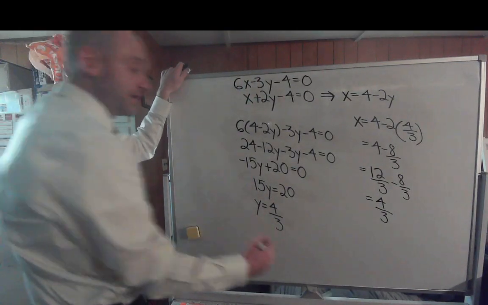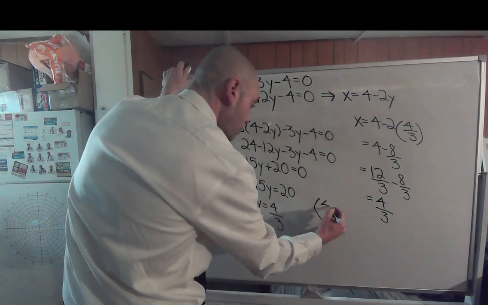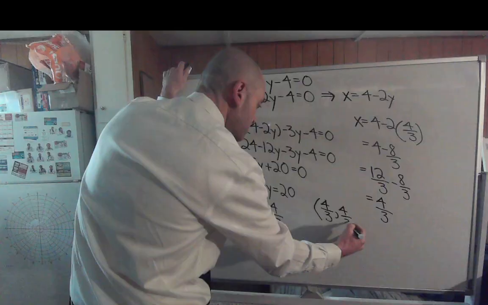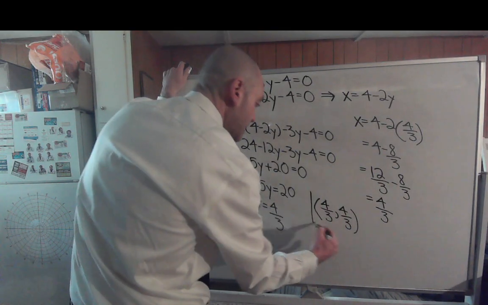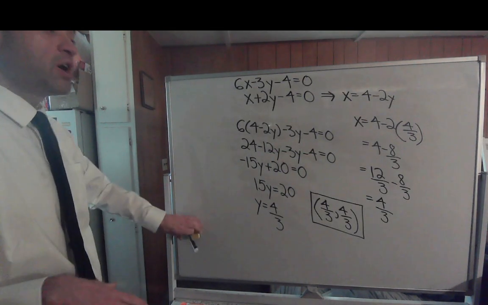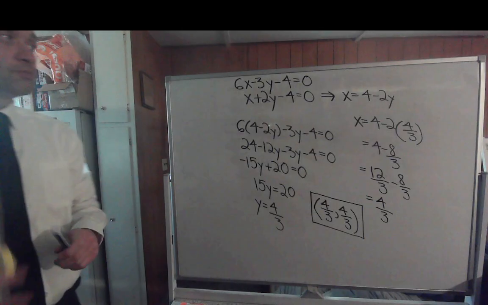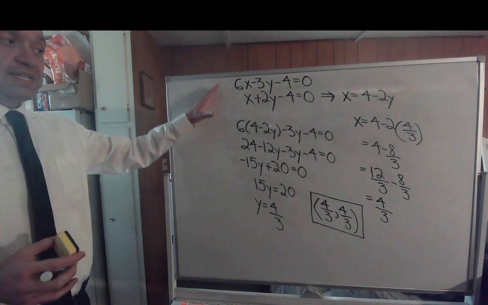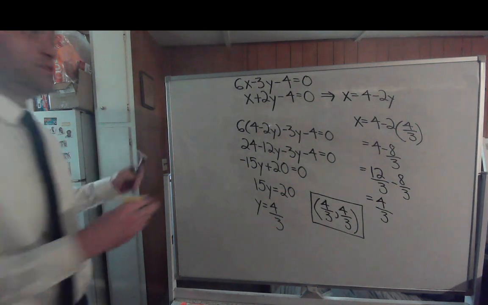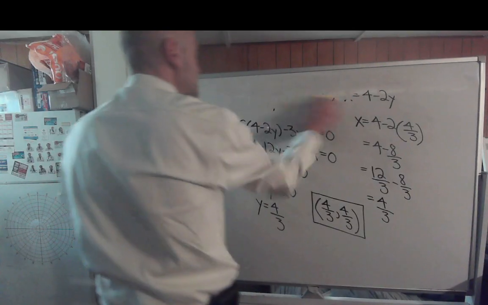So both x and y are 4/3, so the ordered pair that's your solution, where the two lines intersect, is going to be located at 4/3, 4/3. All right. So those were real basic linear equations. The next couple, we're going to do some decimal equations.